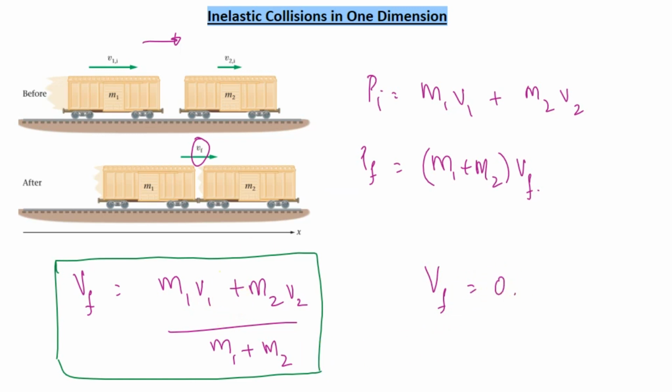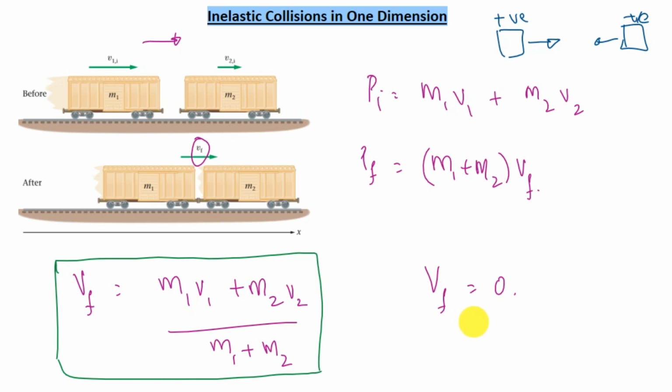It can be 0 if this train block is moving in this direction and this block is moving in the other direction, so this momentum is positive and this momentum is negative. Then the total can be 0 if their magnitudes are equal. Then the final velocity of the blocks or the trains will be 0 after collision.